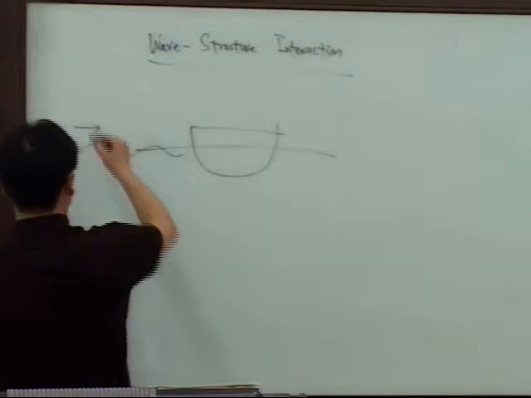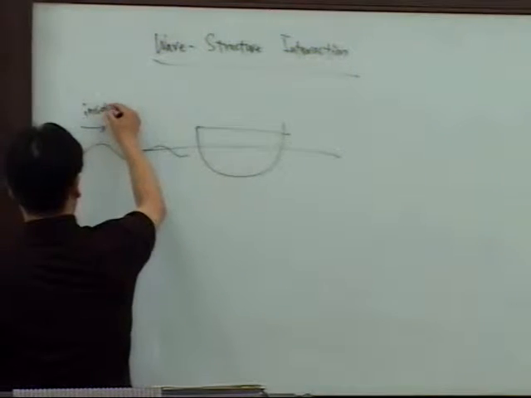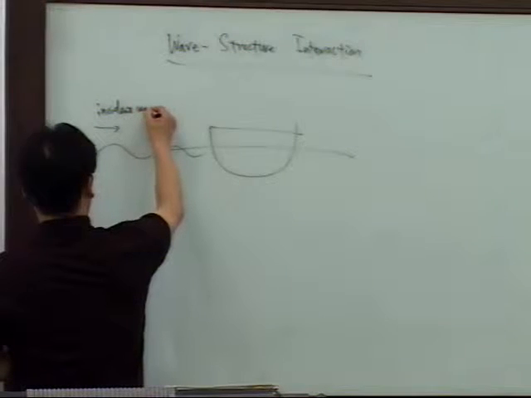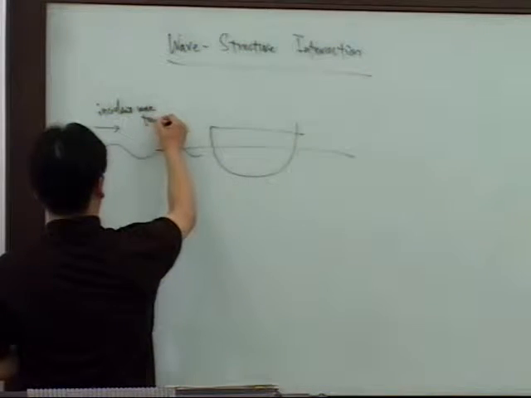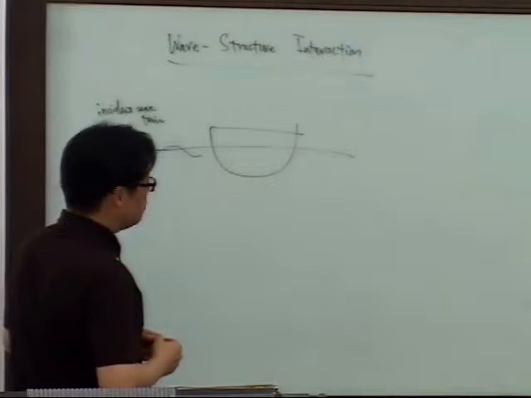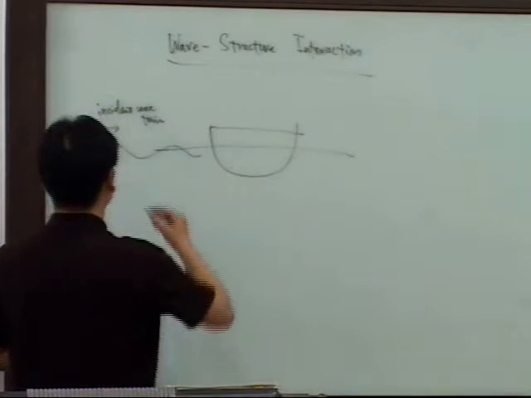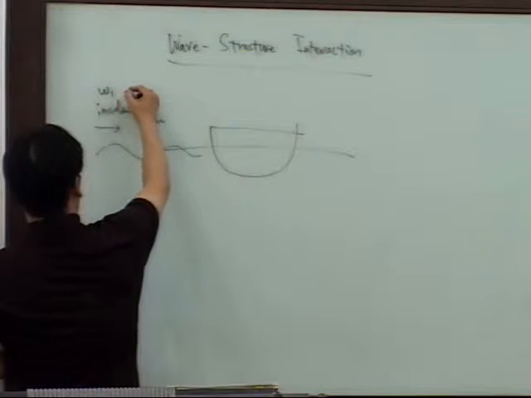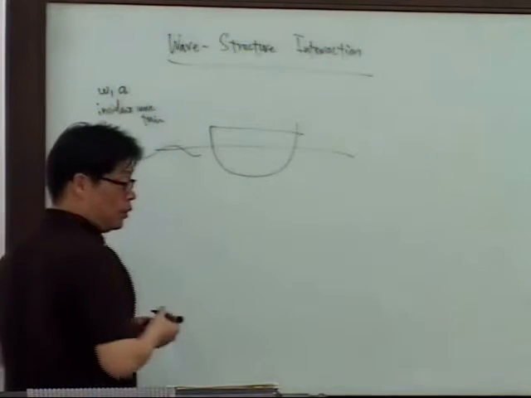So there is an incident wave train, and at this point, we assume there is only one wave frequency, and then there is a wave amplitude.